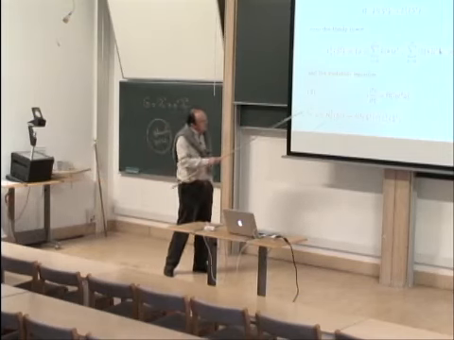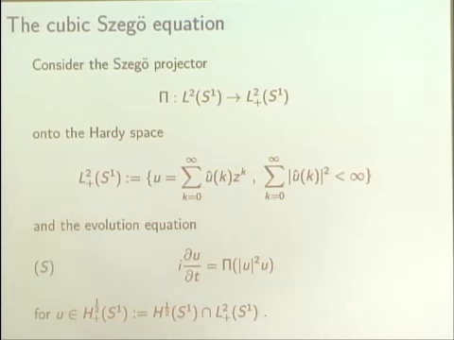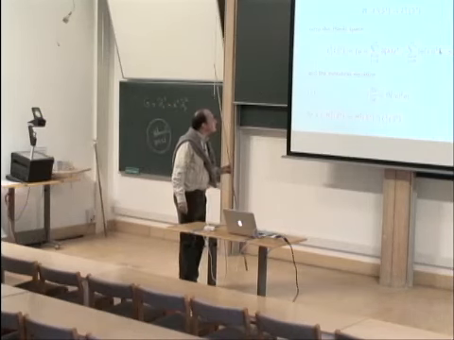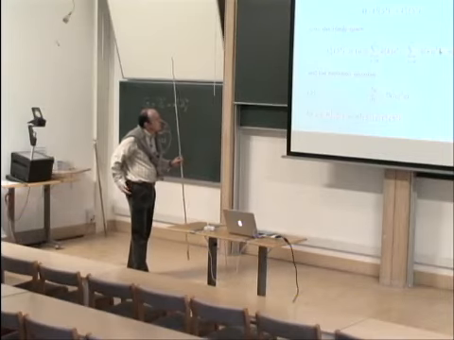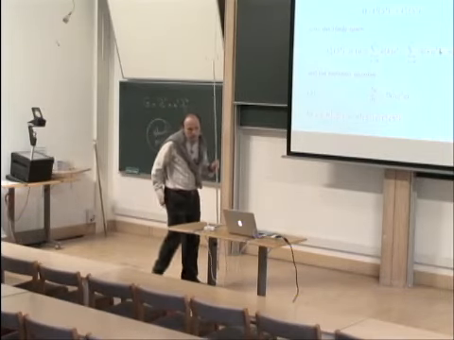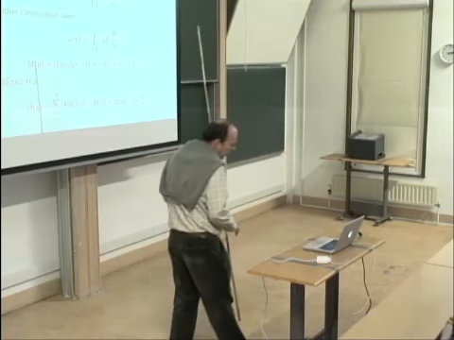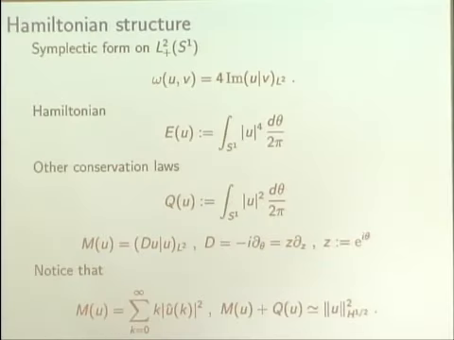So this is a strange equation that we decided to call the cubic Szegő equation. Well, for trivial reasons, I guess. And I'm going to tell you about this equation and the many properties it has. So first of all, it's a nice Hamiltonian equation.